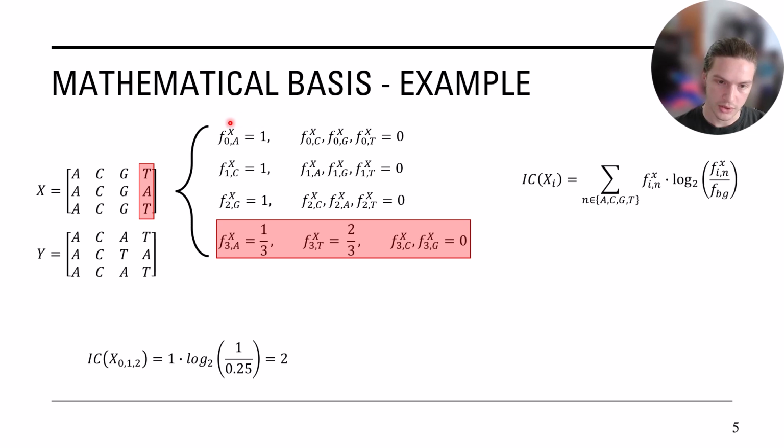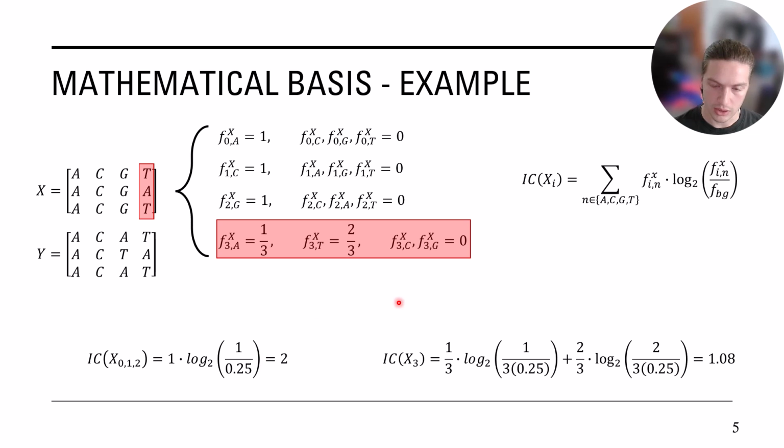So for positions 0 through 2, this is pretty easy because the frequencies are all 1 for A, C, and G, and 0 for the rest. So information content ends up being 2, which is the max value of information content. And then moving on to position 3, which is a little more interesting, you can see that the frequency of A has been plugged in here, and the frequency of A has been plugged into the log as well, and then added to the frequency of T times the same thing where the frequency has been plugged into the log.